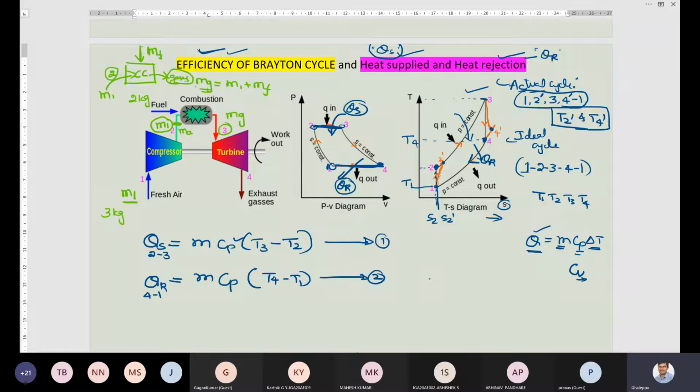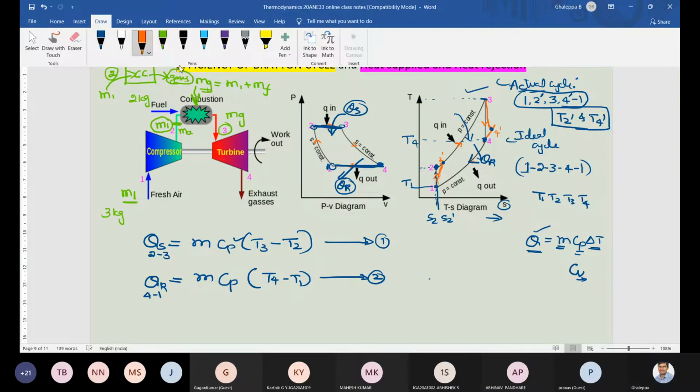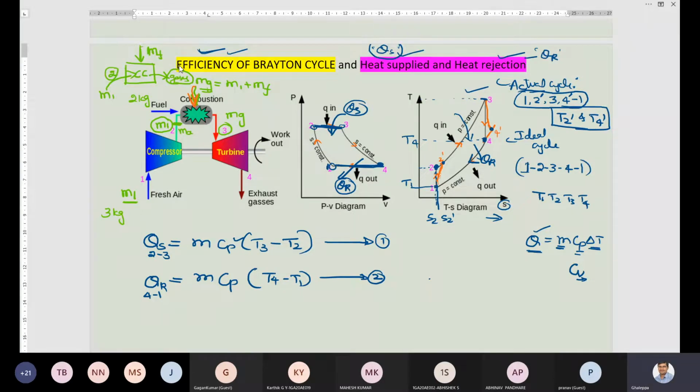And on the top side, we are supplying the mass of fuel, that is mf. Here we are supplying mf, the mass of fuel. I am representing the same diagram here so that you will understand better. So mass of air plus mass of fuel, once combustion starts, we get the mass of gases. So remember this equation: mass of gas is equal to mass of air plus mass of fuel.